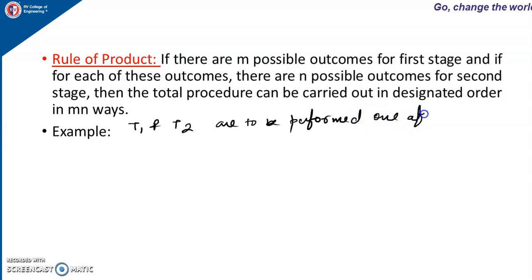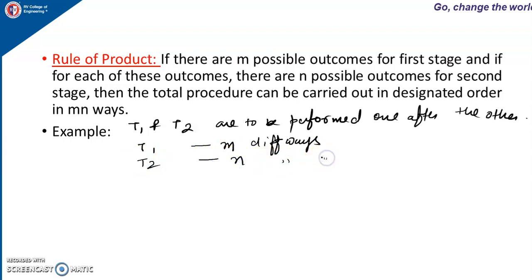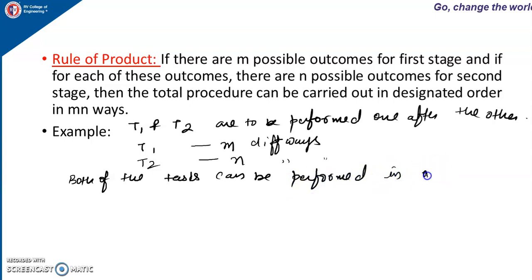If T1 can be done in m different ways, and task T2 can be performed in n different ways, then both of the tasks can be performed in mn different ways.